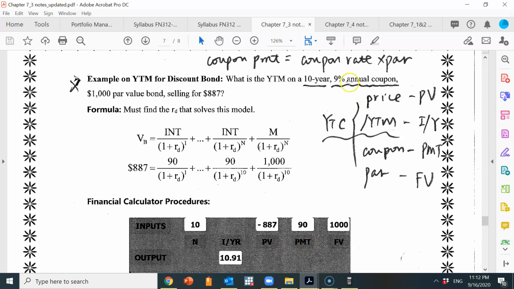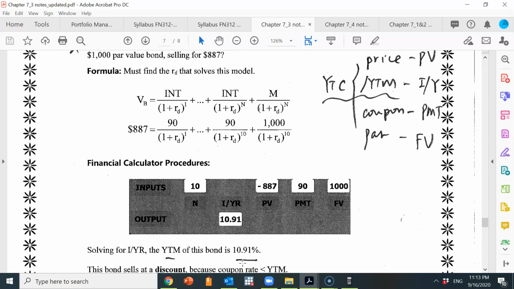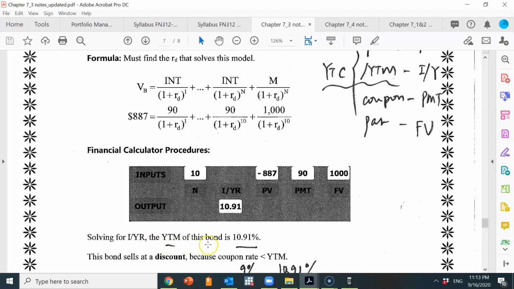Our payment here is the 9% coupon rate multiplied by par value, 1,000. So we have 90 input as our payment. Future value is the par value, 1,000. The interest rate, yield to maturity, is something we compute for. So we have 10.91. So the yield to maturity for this bond is 10.91%.